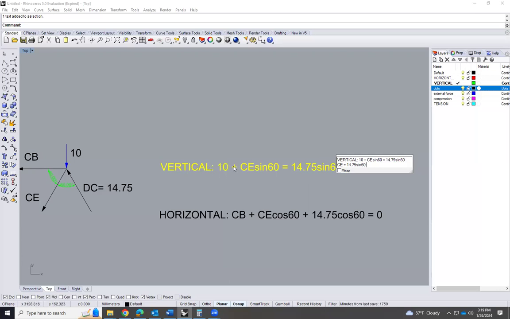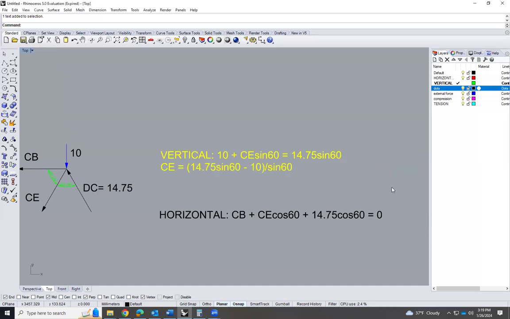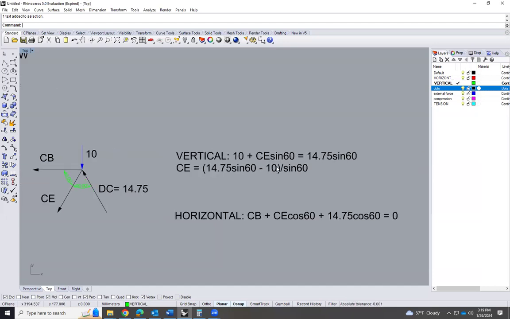Now this 10 that we have here goes to the other side with a negative sign. And then we have to divide this by sine 60. So we divide everything by sine 60. So if I'm not wrong, this is it.